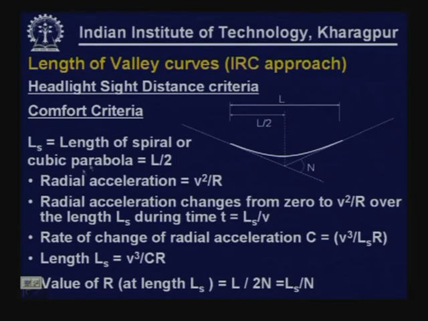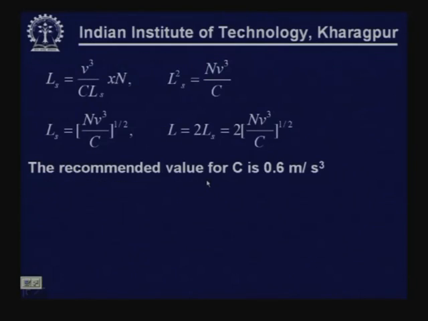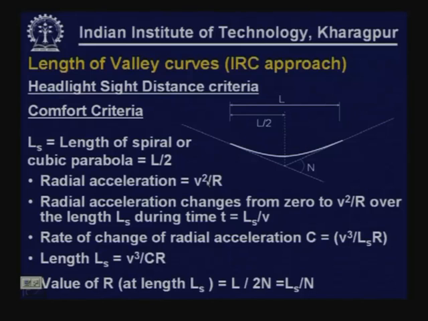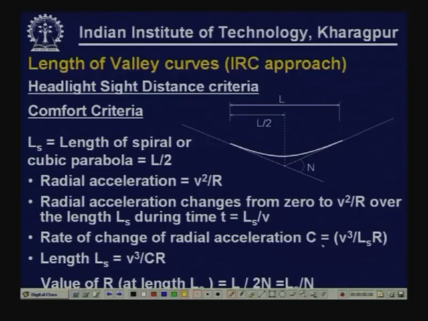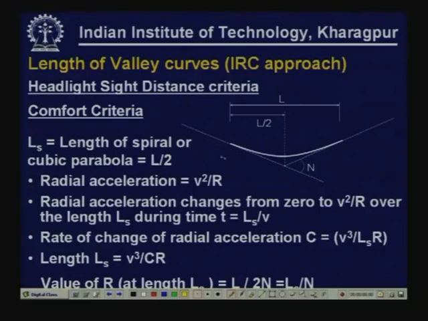So, if Ls is the length of spiral, it is actually L by 2, where L is the total length of the valley curve. So, radial acceleration is v square by r. You can get this radial acceleration from changes from 0 to v square by r over a time t. How can we calculate the time? The time is nothing but to cover this Ls distance, which is the length of the spiral.